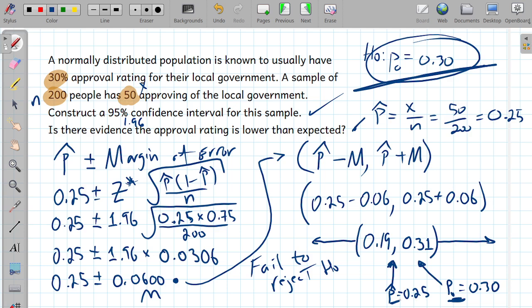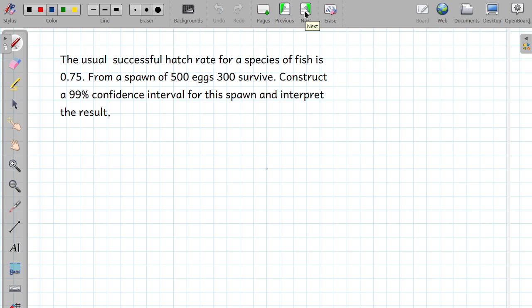Now, let's look at another example. Here we have the usual successful hatch rate for some species of fish is 75%, or 3/4. We have a spawn of 500 eggs, and we find that 300 of those survive.